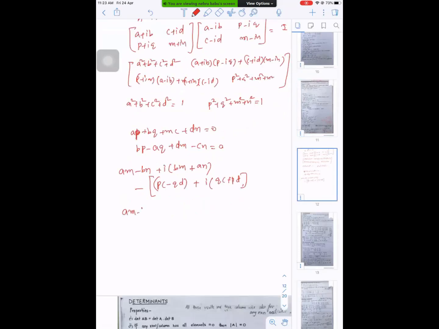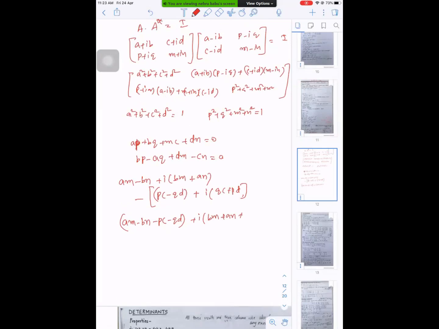So what you are getting is AM minus BN minus PC plus QD, plus i into BM plus AN minus QC minus PD.